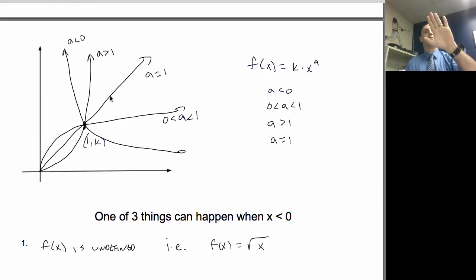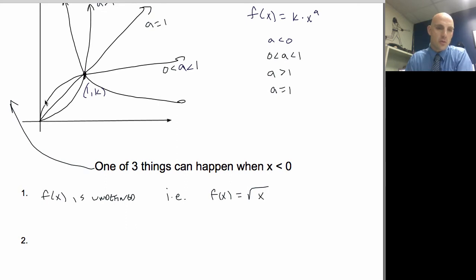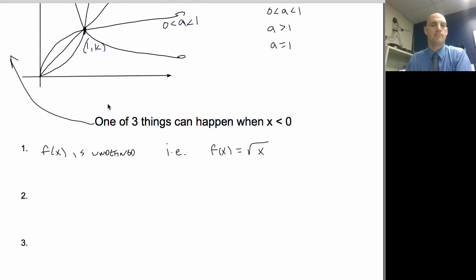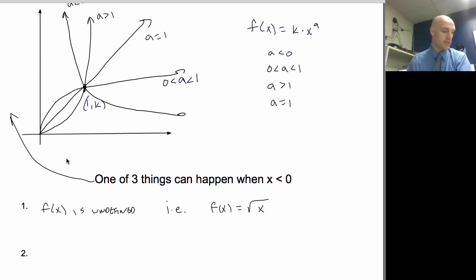This is all in the first quadrant, so that would mean my domain is from x equals 0 to infinity. Well, what about over here, in this quadrant? For example, this square root function, where 0 is less than a is less than 1, never exists over here. So it's not going to exist over there for the square root function. But like we saw in that first example for the cube root function, it is going to exist.